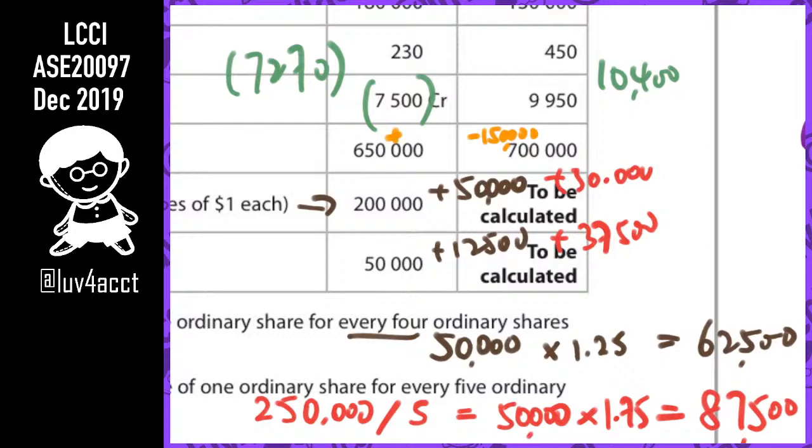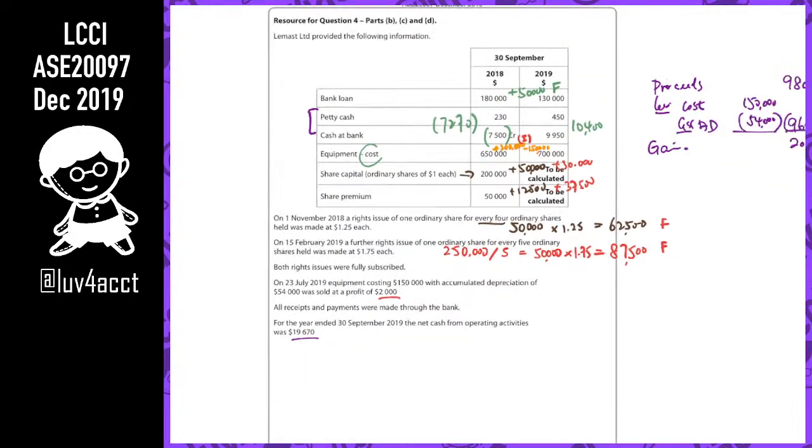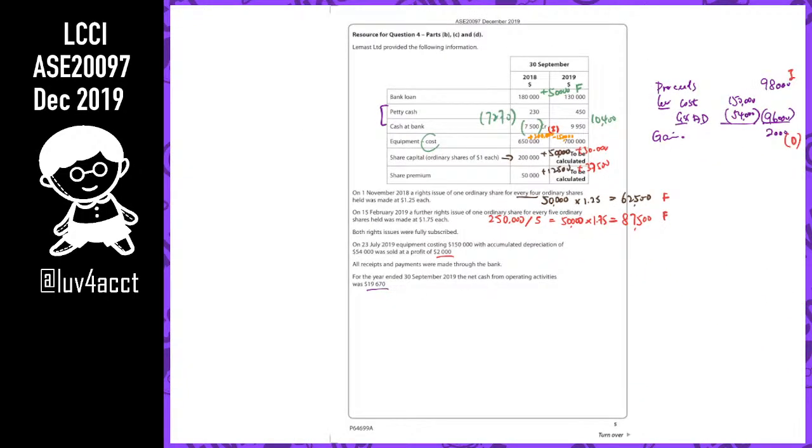So 650 minus 150, you should have 500. But now you have 700,000. That means you have purchases of new equipment, and it is 200,000. Let us calculate again to make sure it is correct. Yes, it is. So this is investing activities negative, you pay. So now we finish.